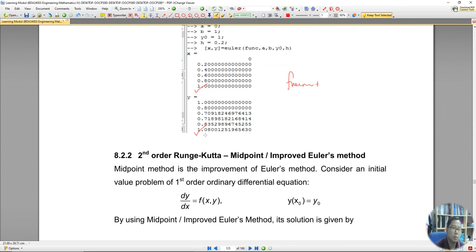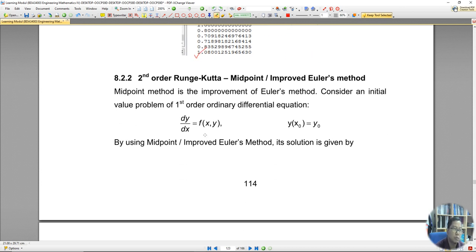Then we proceed to the next method, which is the second order Runge-Kutta, midpoint or improved Euler method. The midpoint method is an improvement of the Euler method. Consider an initial value problem of first order, a first order ordinary differential equation.